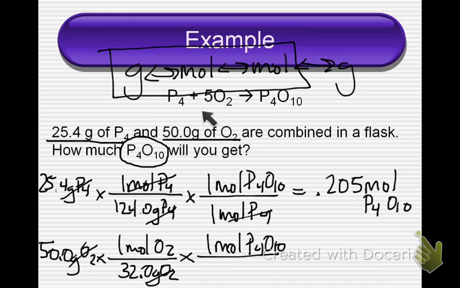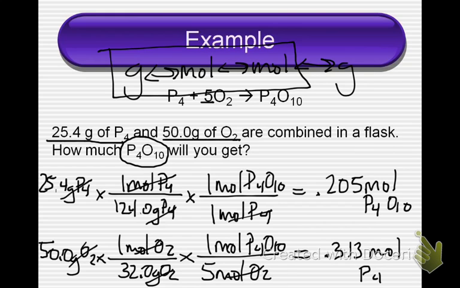But if we look up at our balanced equation, there's 5 moles of O2 for every 1 P4O10. So that means we'd put 5 moles of O2 here. See, and moles cancels out moles, and then when we calculate this out, we get 0.313 moles of P4O10.